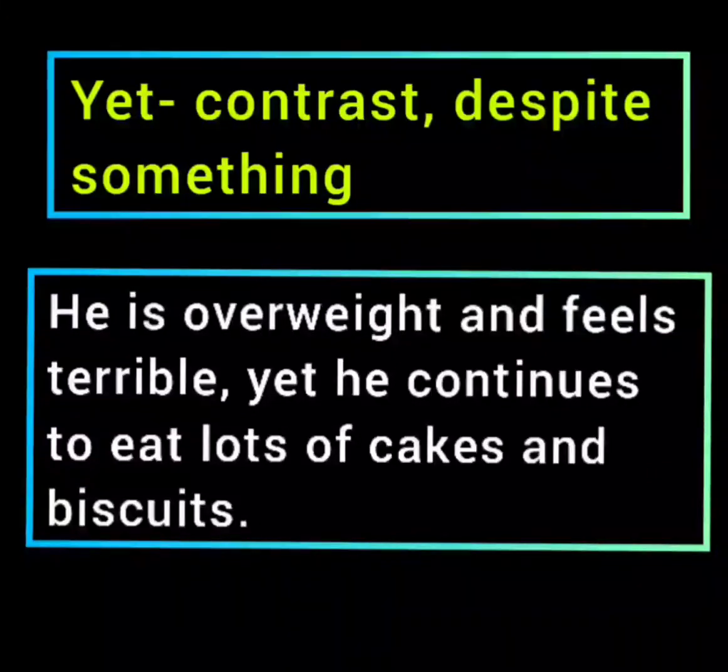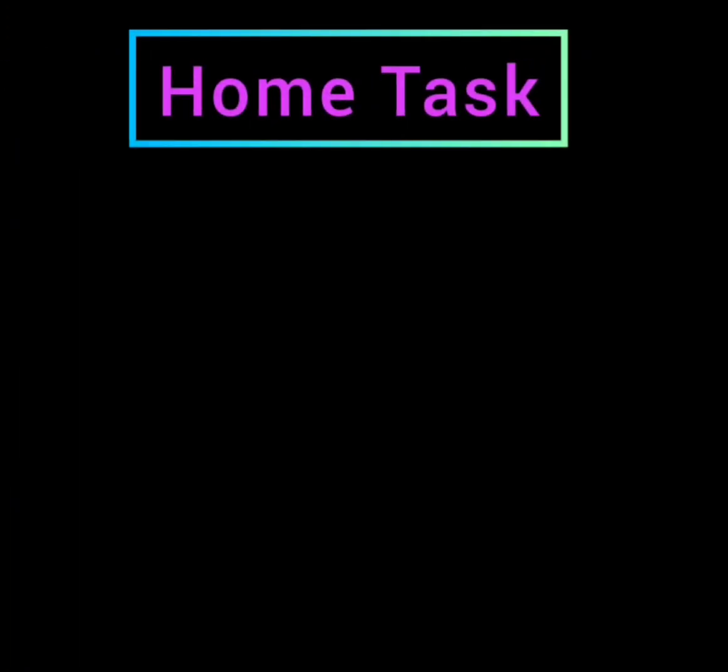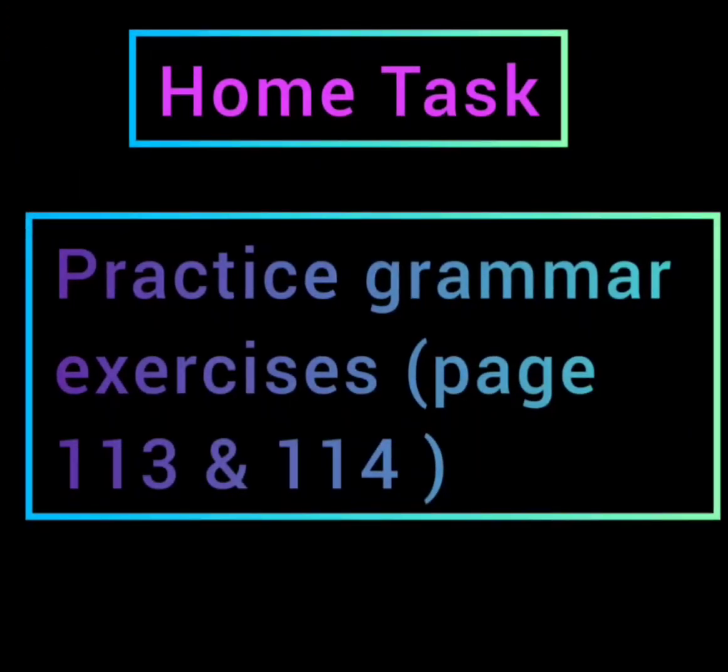So, can you see that we know that he is overweight, but still he continues? So, rather than using but still here, we have used yet. Yet he continues to eat lots of cakes and biscuits. Clear?